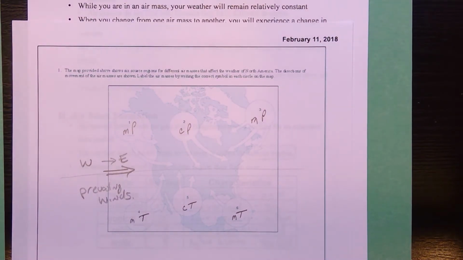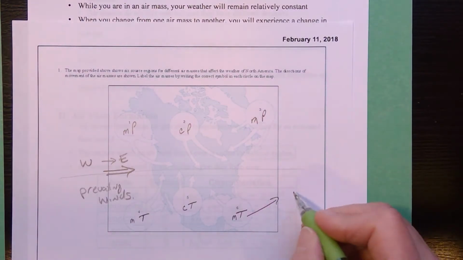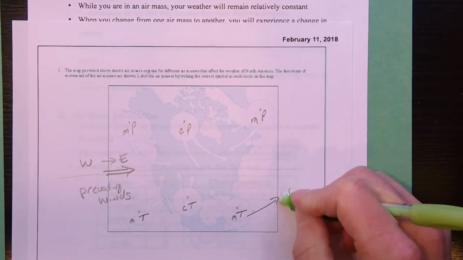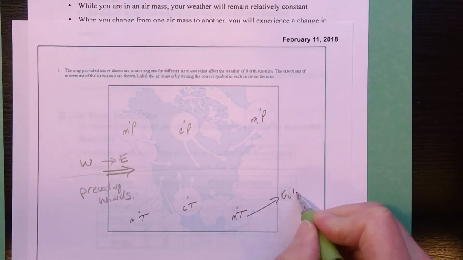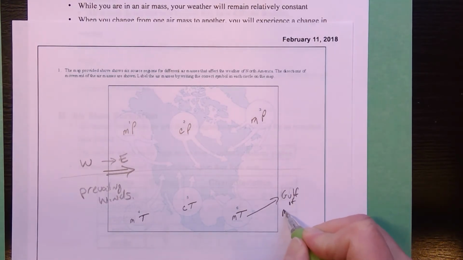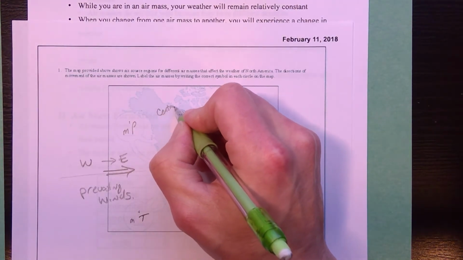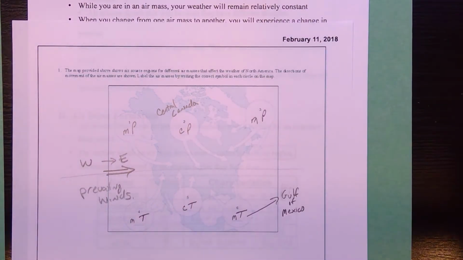If you're looking for examples of source regions, for a maritime tropical air mass, the Gulf of Mexico would be an outstanding example, or the Caribbean Sea. For continental polar, they might talk about central Canada.